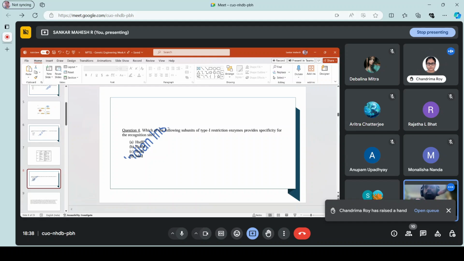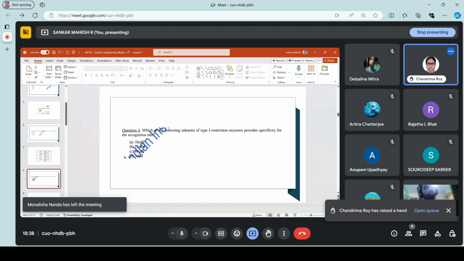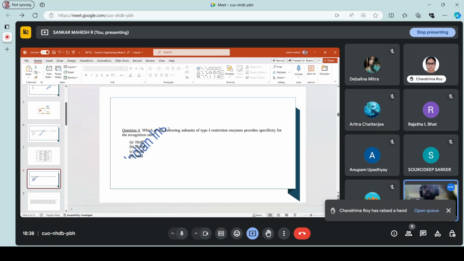You have something called HSD here, which is a complex within which you have some subunits R, M, and S. If we know what R, M, and S stand for, we'll be able to answer this question. We'll start with the incorrect options itself, and then narrow it down.